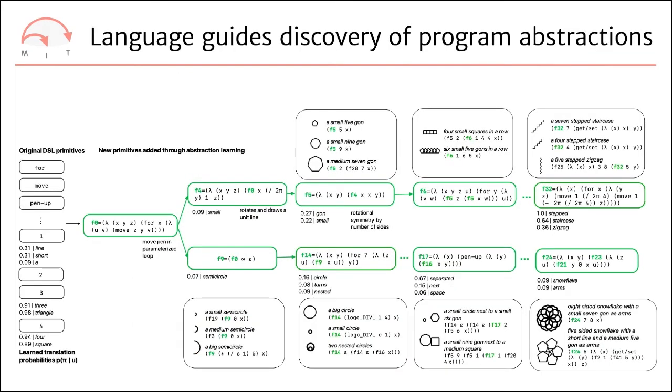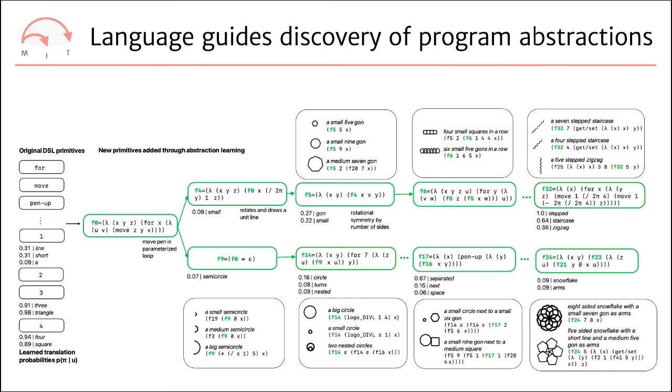And the coolest thing is that the libraries themselves actually look pretty meaningful. We get all these reusable functions, like one that draws n-gons with an edge of a fixed size, and we do in fact label it with the word gon, like we saw in the examples before. We learn things that draw these snowflakey shapes that put polygons at the end of arms. We learn staircases and zigzags, and so on and so forth.